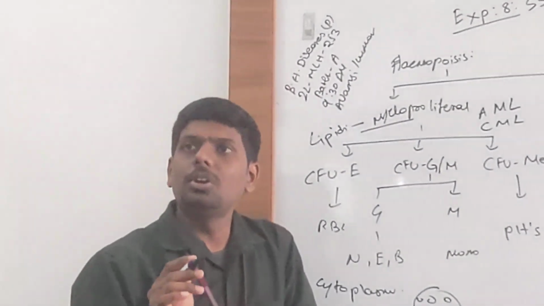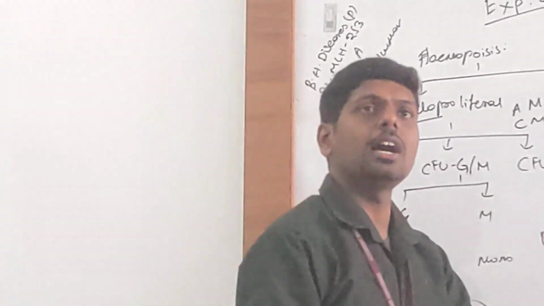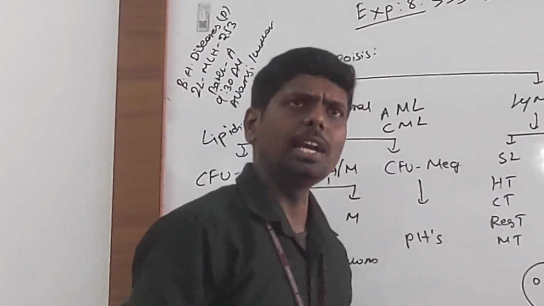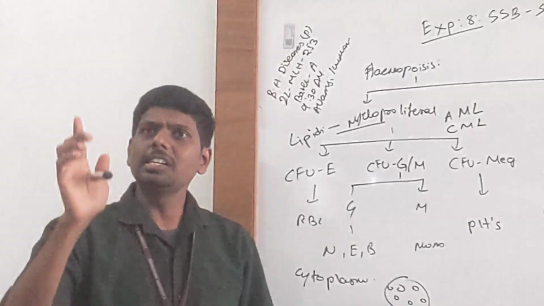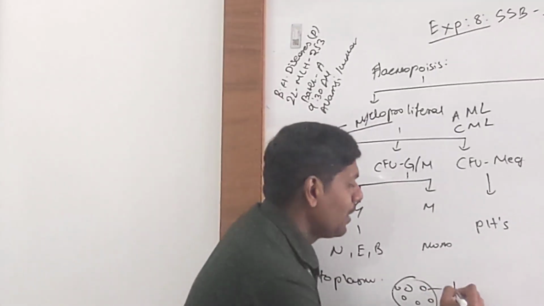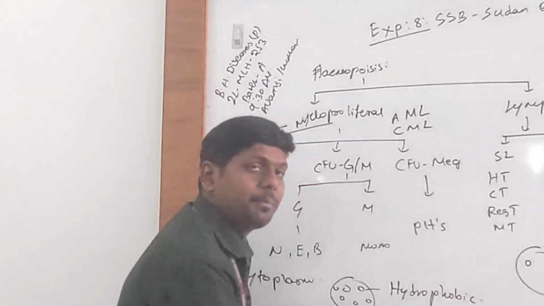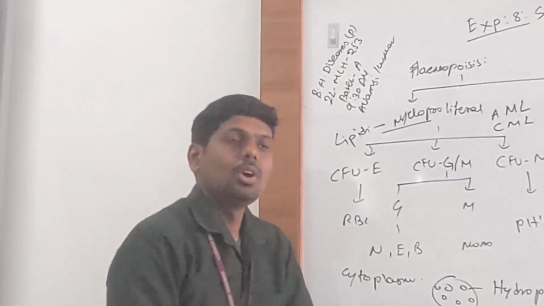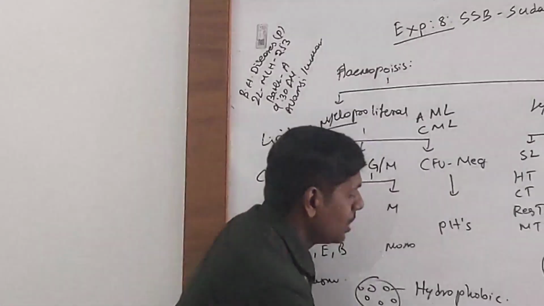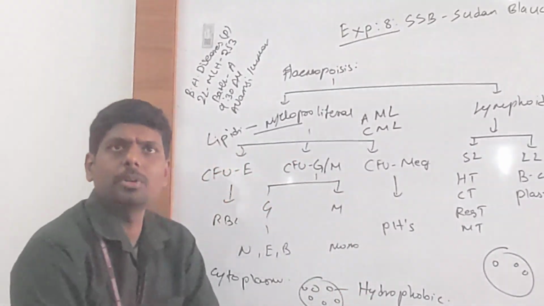Lipid globules are present in the myeloid series but not in the lymphoid cells. Now, there is a problem with the lipids. Lipids are hydrophobic. What is the meaning of hydrophobic? Water hating or insoluble. Am I correct? Water insoluble.